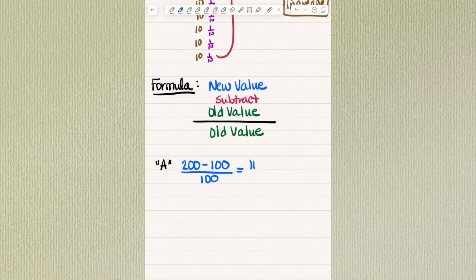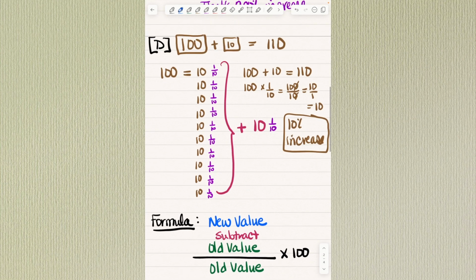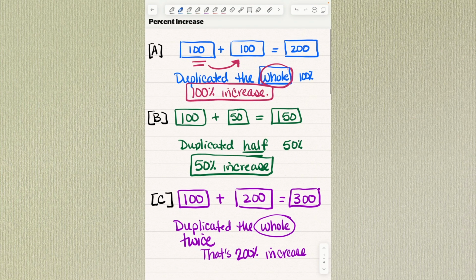That's going to be 100 divided by 100. Oh, forgot to multiply by 100 because you end up with decimals sometimes. This gives you 1 times 100, which is 100%. That was a 100% increase.